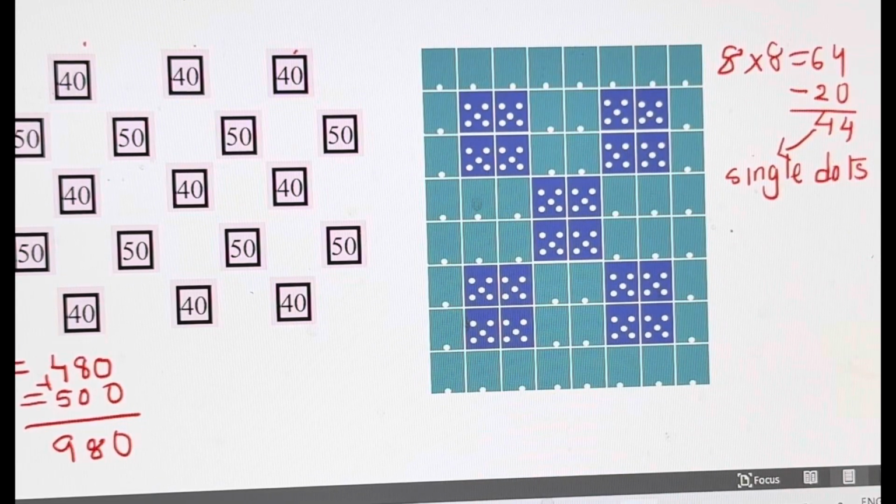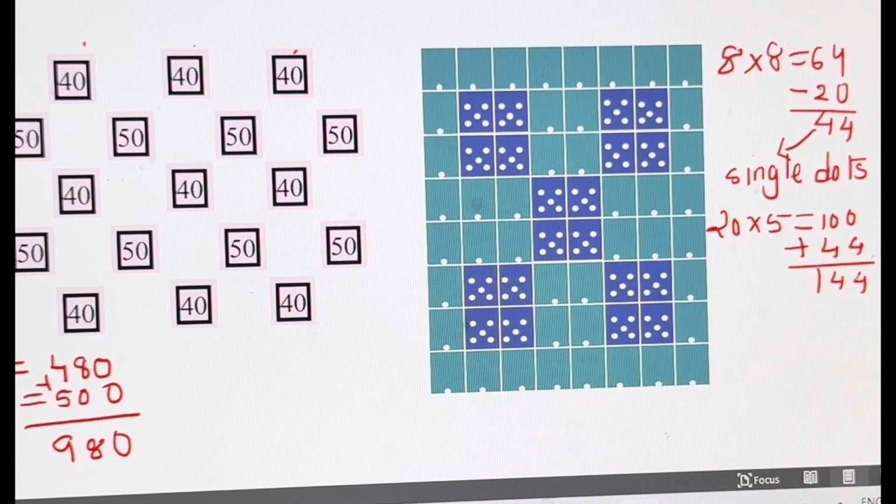So we multiply 20 by 5, we get 100. So in the blue colored boxes there are 100 dots, and in the green colored there are 44. So total 100 plus 44 gives you 144 dots. Okay, so this is how you can count the dots.